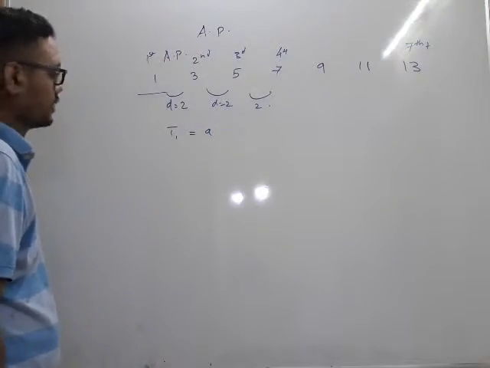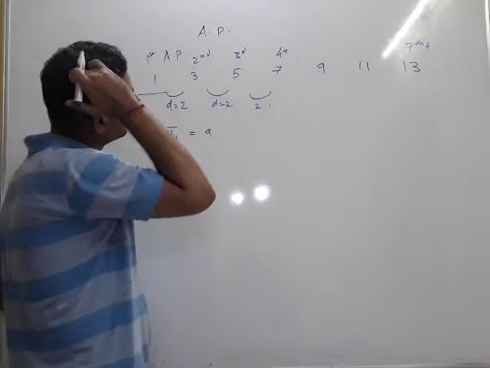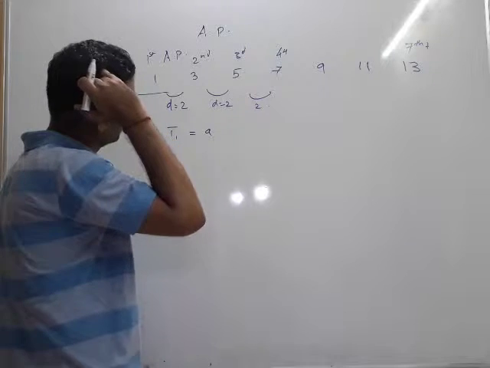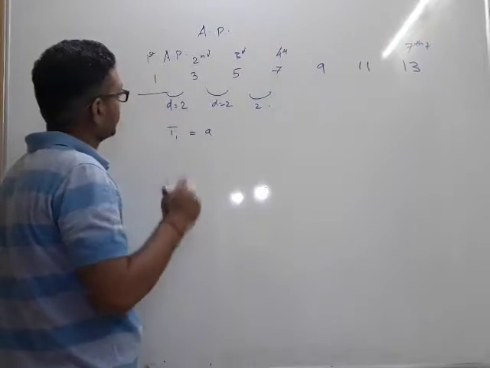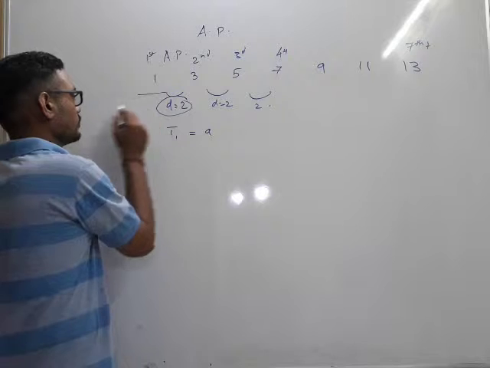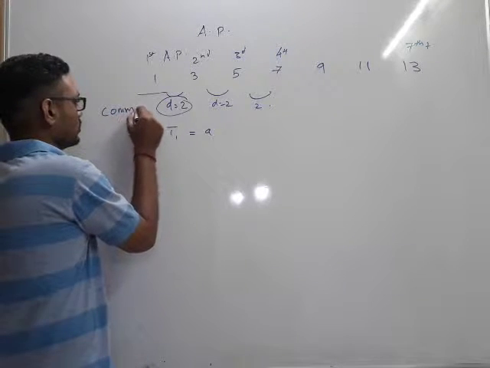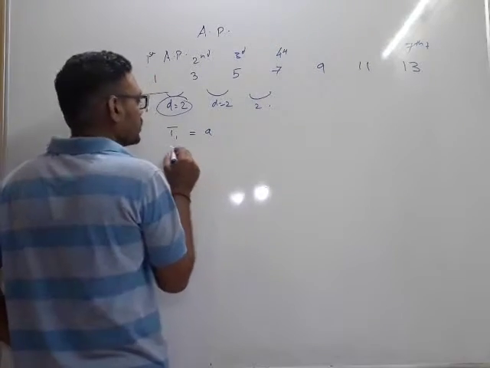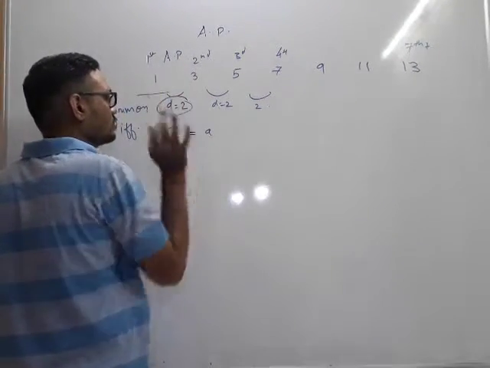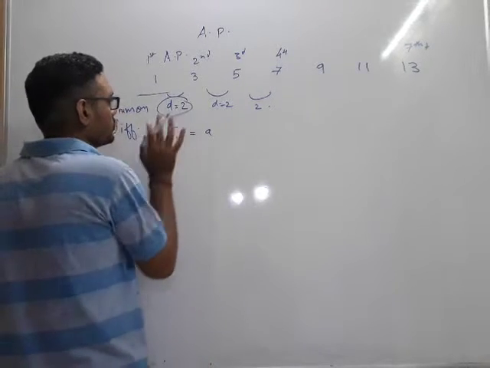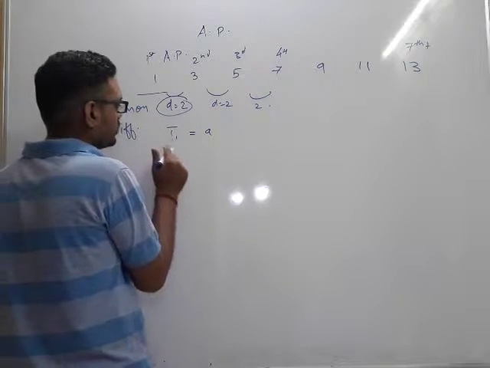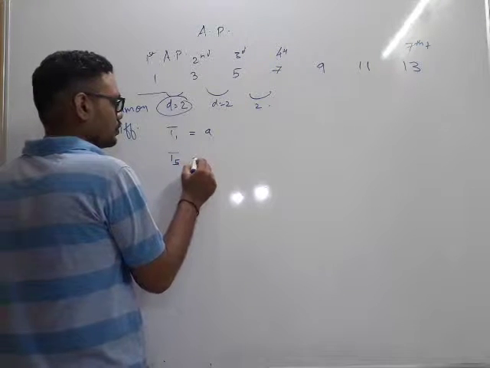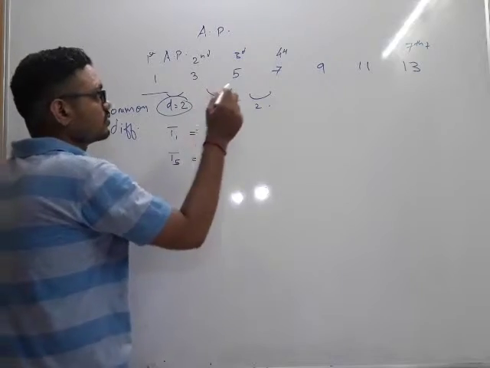The common difference we call D. Now someone has said there is an AP with A as 1 and common difference D as 2. What is the fifth term? The fifth term is 9.